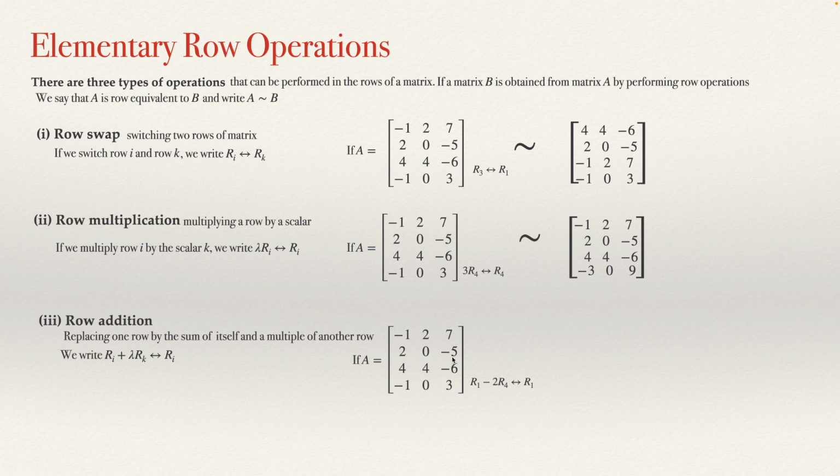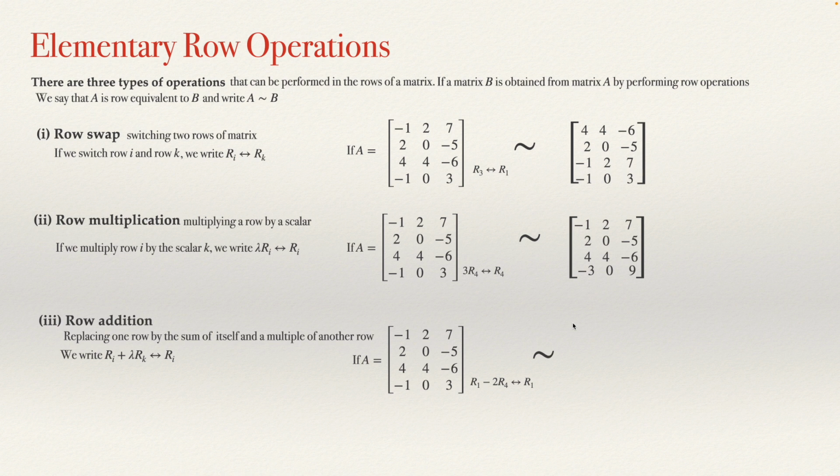So the other rows, second, third and fourth, don't change. The only row that's going to change is R1. The only operation where two rows change is the first one, when we are actually switching the two rows. But in this case, only R1 is going to change.